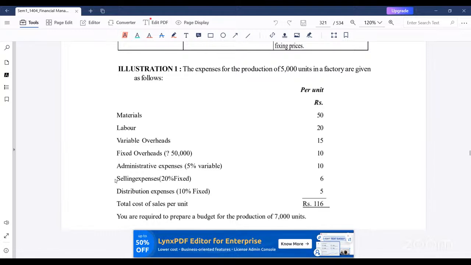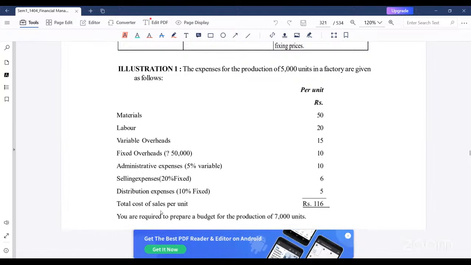Let's look at your selling expenses. 20% is fixed. What about the remaining 80%? That 80% is variable, it changes. So this is also a semi-variable expense. In the 6 rupees, 20% is fixed and the remaining 80% is variable.